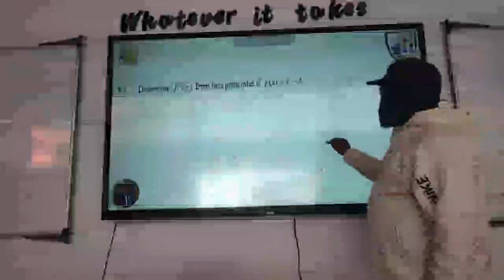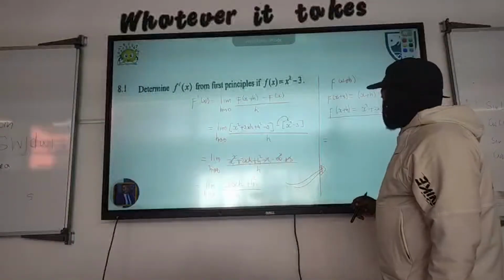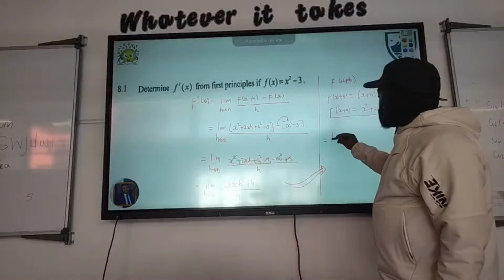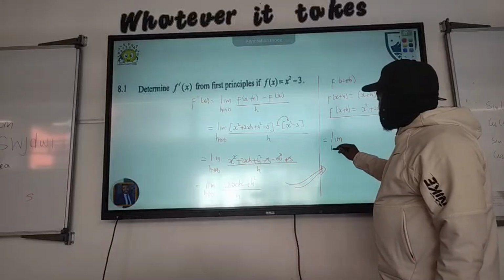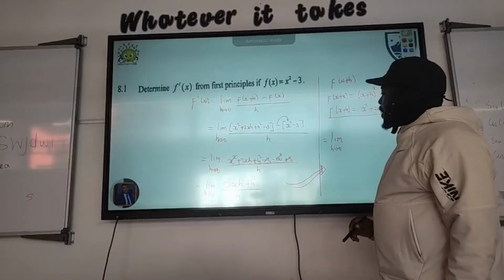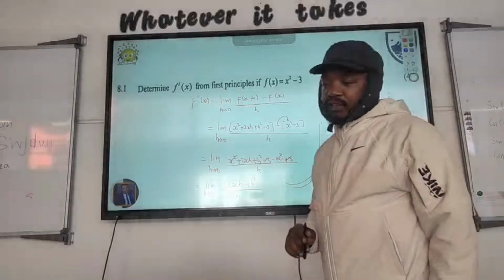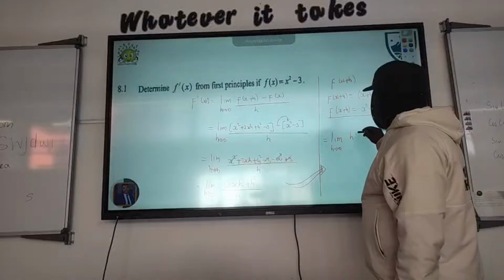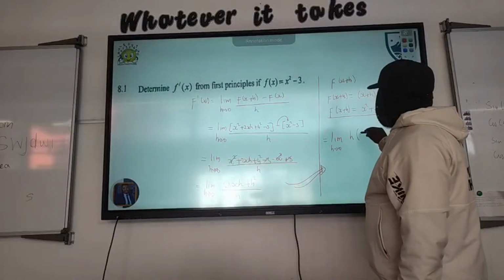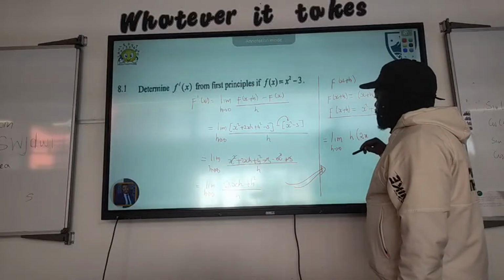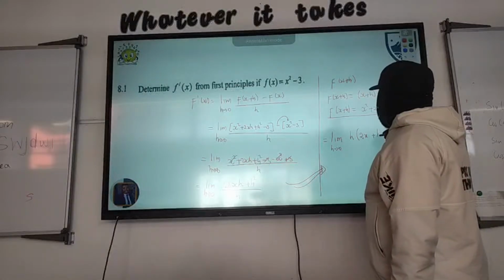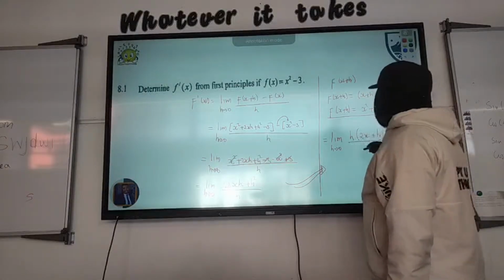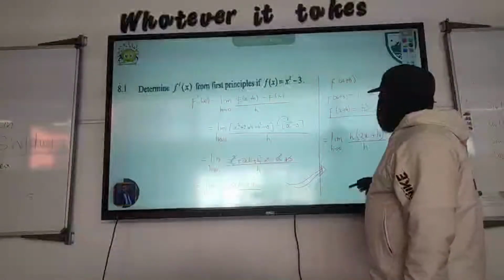And say this will be equal to, I'm going to take out common factor. I know we are taught to take out the highest common factor, but take out h. I'll tell you why. It's 2x plus h all over h.